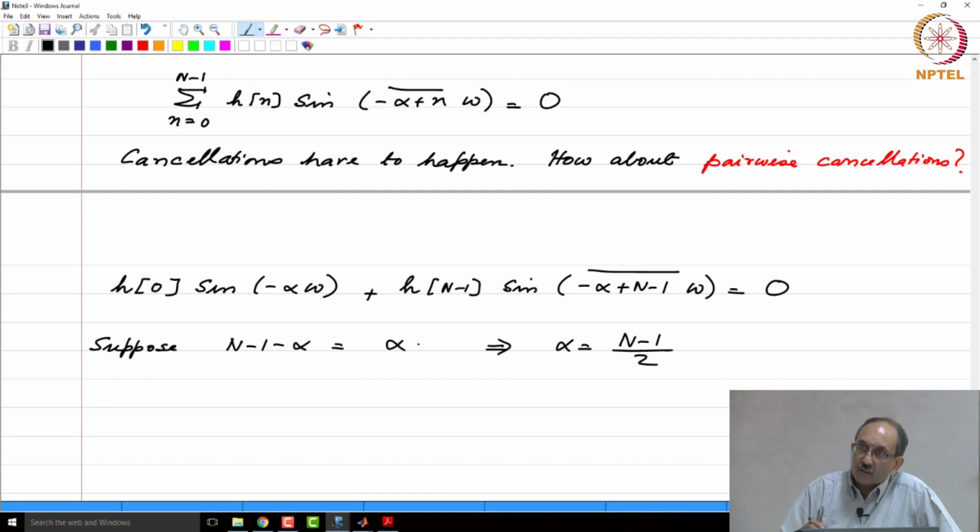Therefore, for this particular value of alpha, the arguments of the sine have opposite signs. So, this is sine theta, this is sine of minus theta.